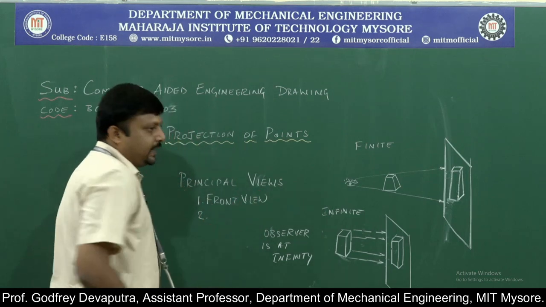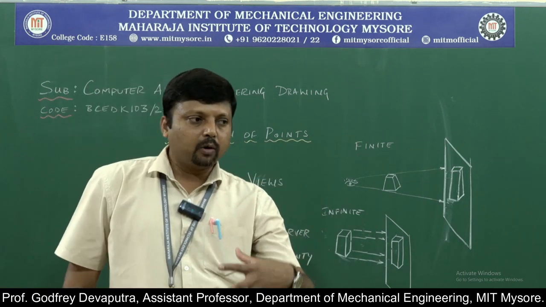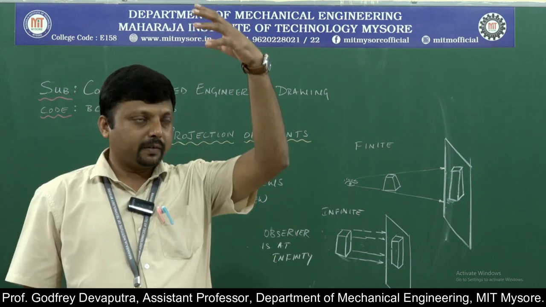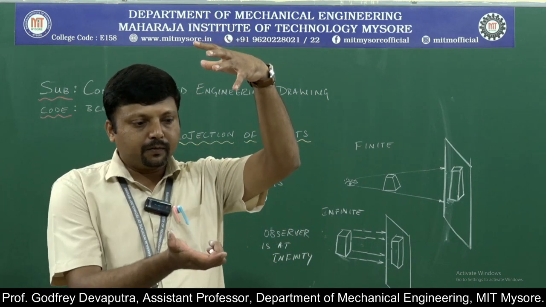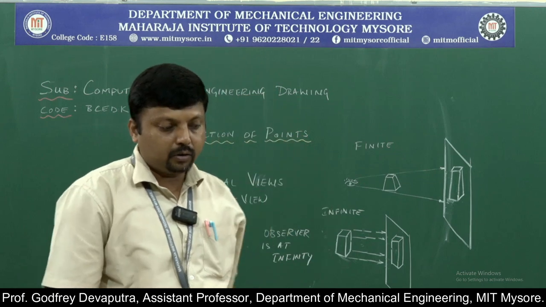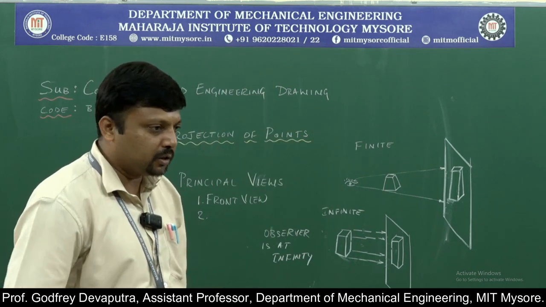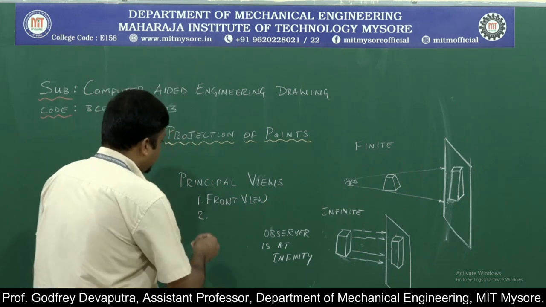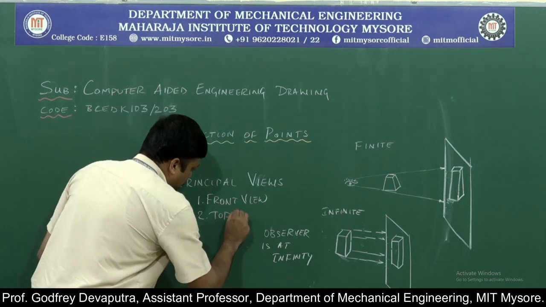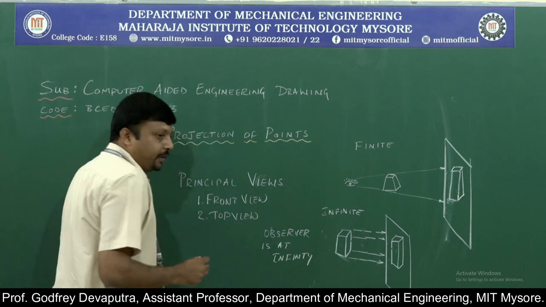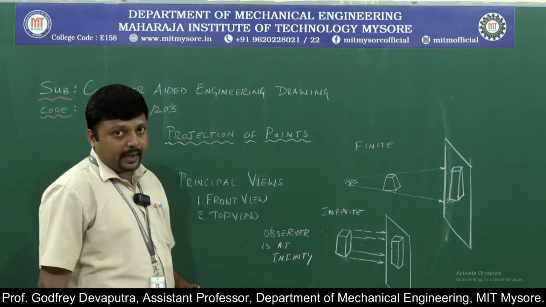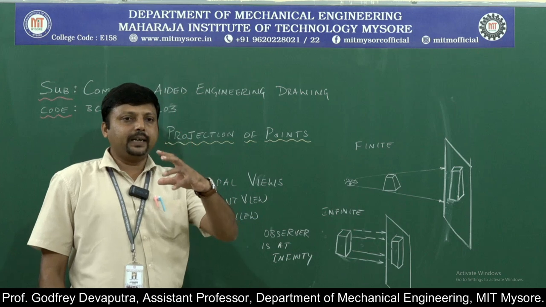The second one is when I change my orientation and keep the observer at the top, looking at the object which is stationary and projecting the image of the object orthographically as it appears on a horizontal plane. As it appears on a horizontal plane is called as the top view.